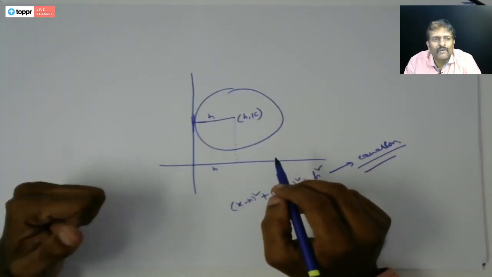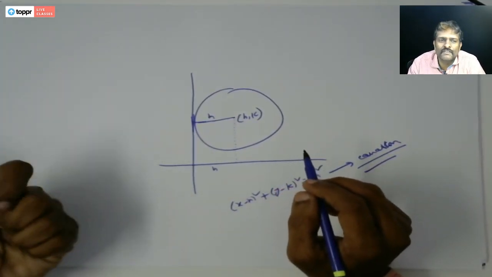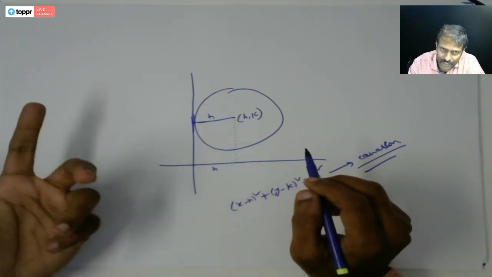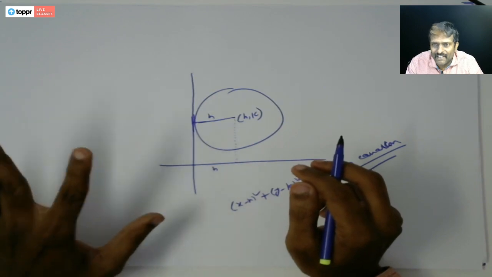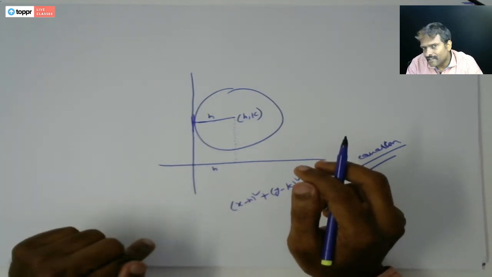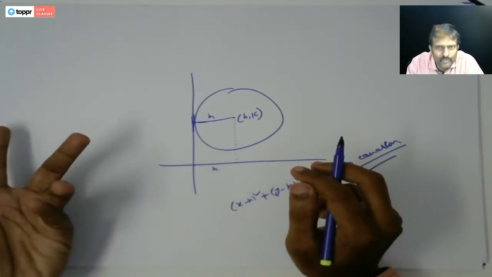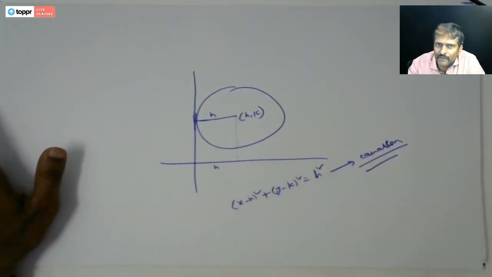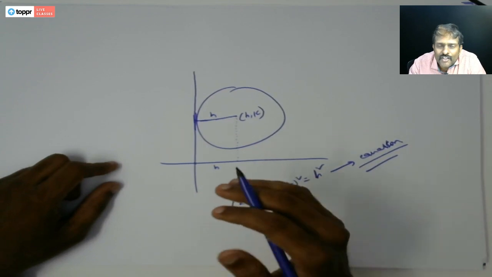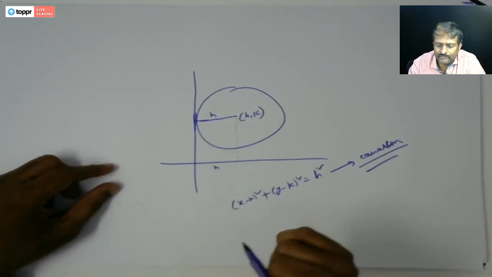So now we have discussed the equation of a circle when a center is given, when radius is given, when it is passing through the origin, when it is having origin as its center, when it is touching the x-axis, and when it is touching the y-axis. Now what if the circle touches both the axes?